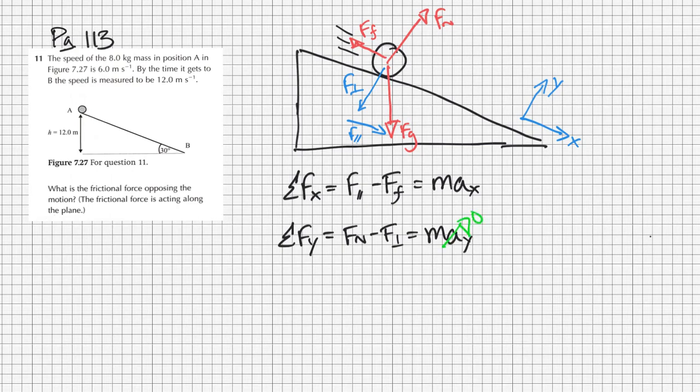This is 0. So then that tells me that my normal force equals my force perpendicular, which is going to equal the force of gravity times the perpendicular, so that's the cosine of theta. All right.